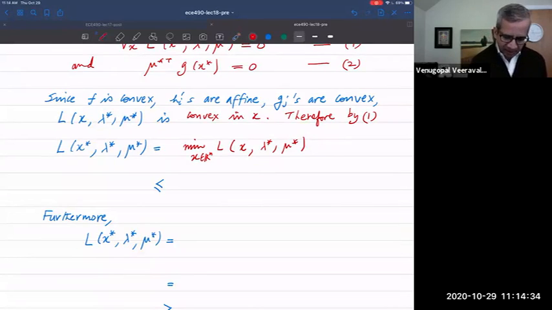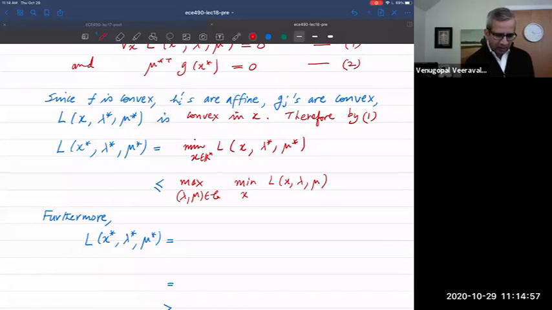So L of x star, lambda star, mu star is less than or equal to the max over lambda, mu belonging to the constraint set C, where the mu's are all non-negative, of the minimum over x of L(x, lambda, mu). So this has to be less than this max-min of the Lagrangian. We'll call that equation 3.